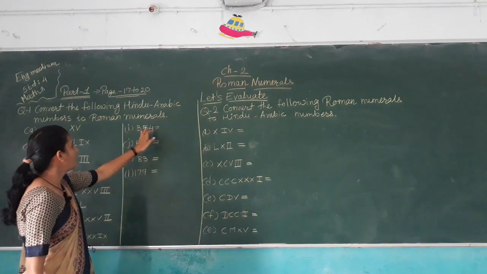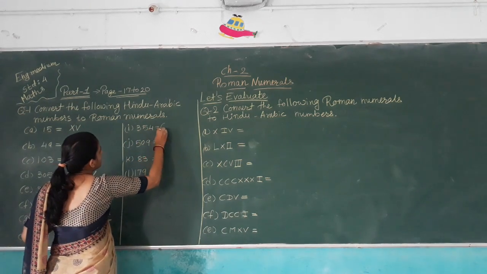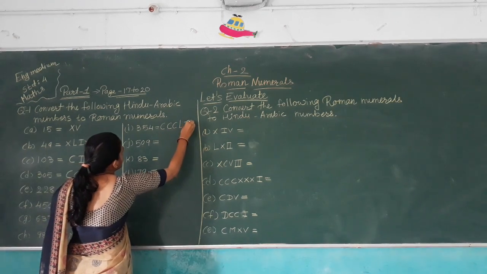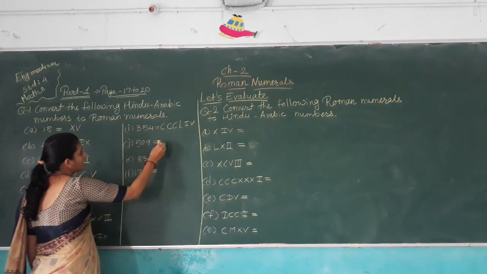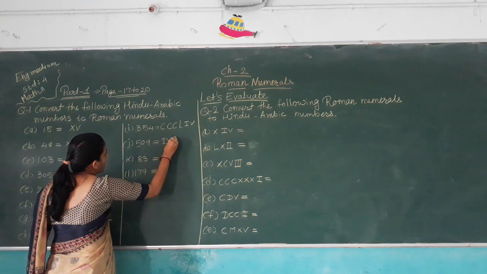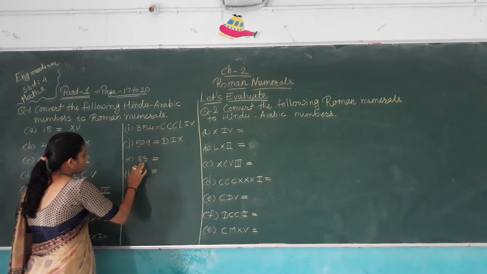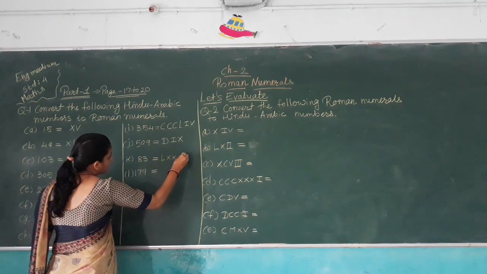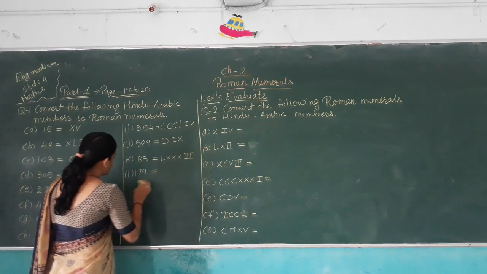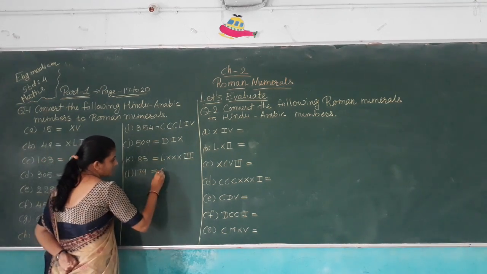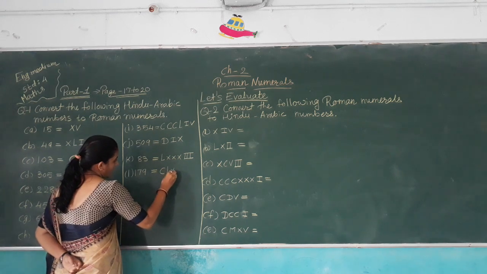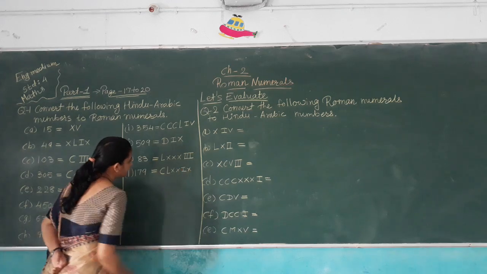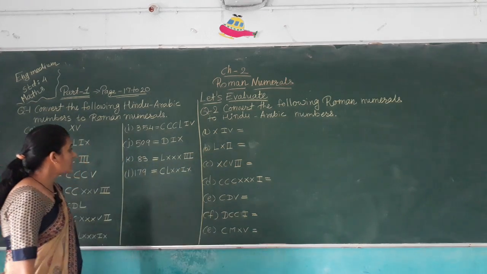Now 354: 300 is CCC, so CCCLIV. 509: DIX. 83: LXXX and three times I. 179: CLXXIX.